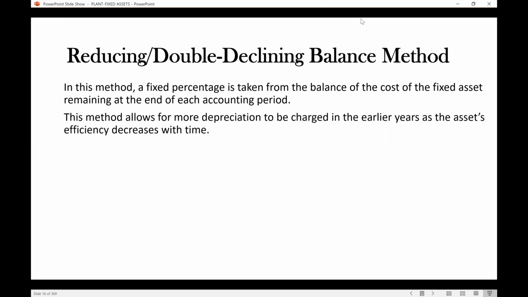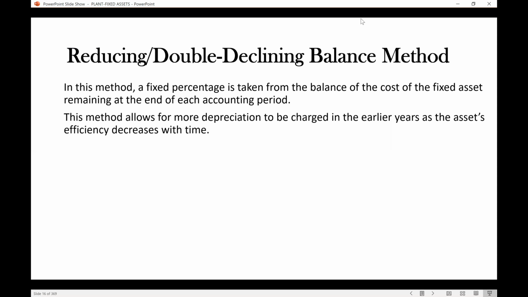Because if each year you subtract the accumulated depreciation, you'll be getting a lower value to be charging a fixed percentage off. So with a higher value in the earlier years, before you would have taken out your accumulated depreciation, you'd be charging a higher depreciation value in the earlier years. And that is true because when you just acquired an asset, it's at its full capacity, right?